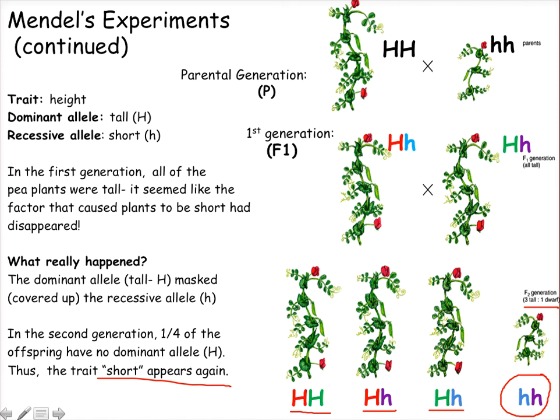There's 3 here. This is a 3-to-1 ratio of the offspring, 3 tall to 1 short, or 3 out of 4, meaning this will occur 75% of the time, and the other 25% of the time, you'll get this combination.